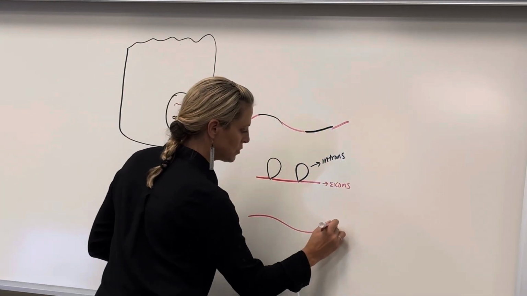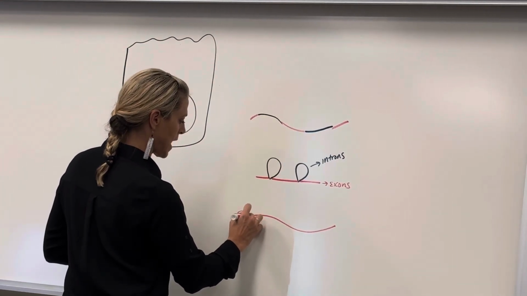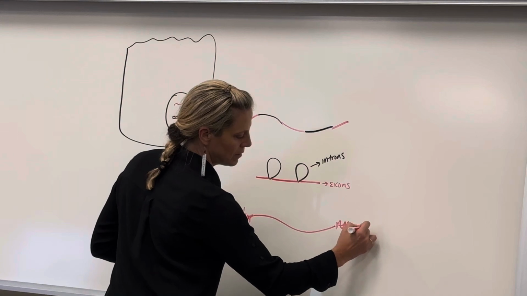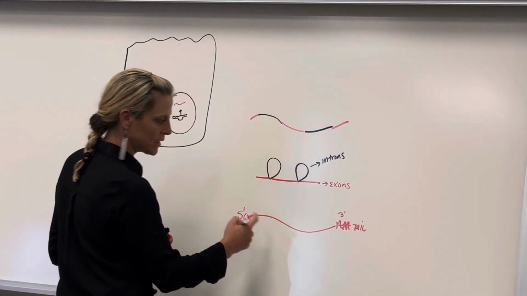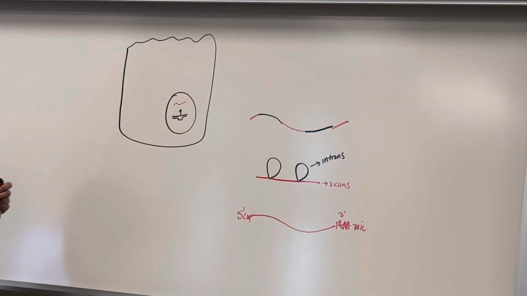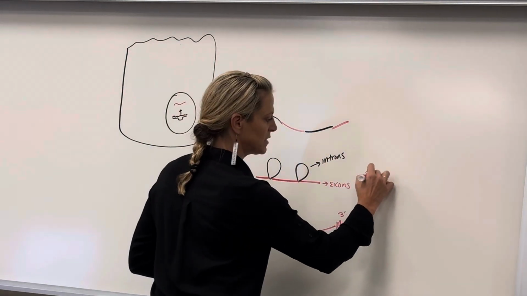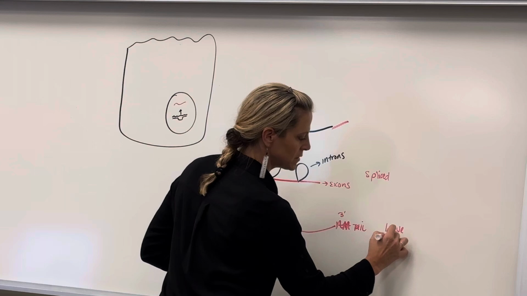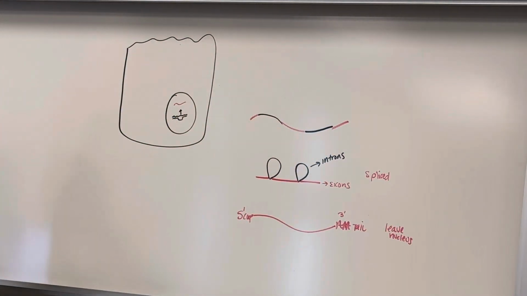Now you have mRNA after it's added a 5' cap and a poly A tail, and now it can leave the nucleus. Just know the poly A tail and 5' cap are added for stabilization. It's spliced, and now it's safe to leave the nucleus.